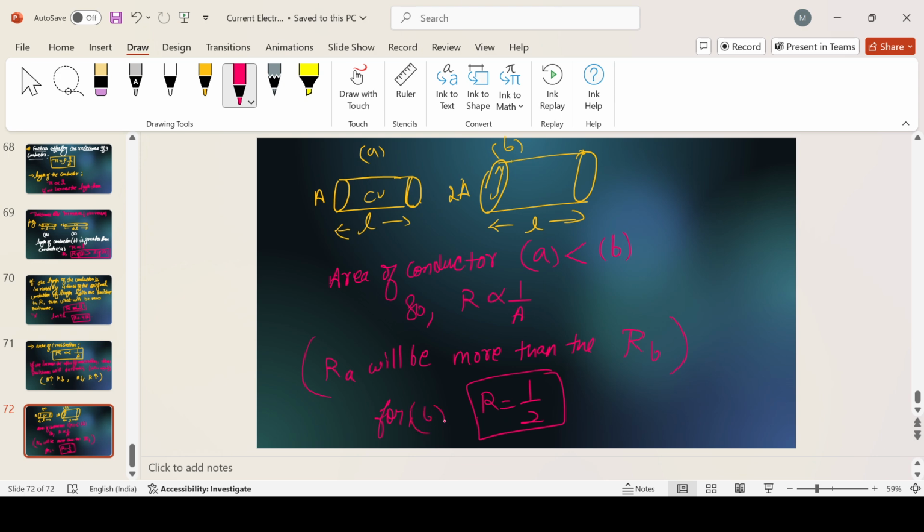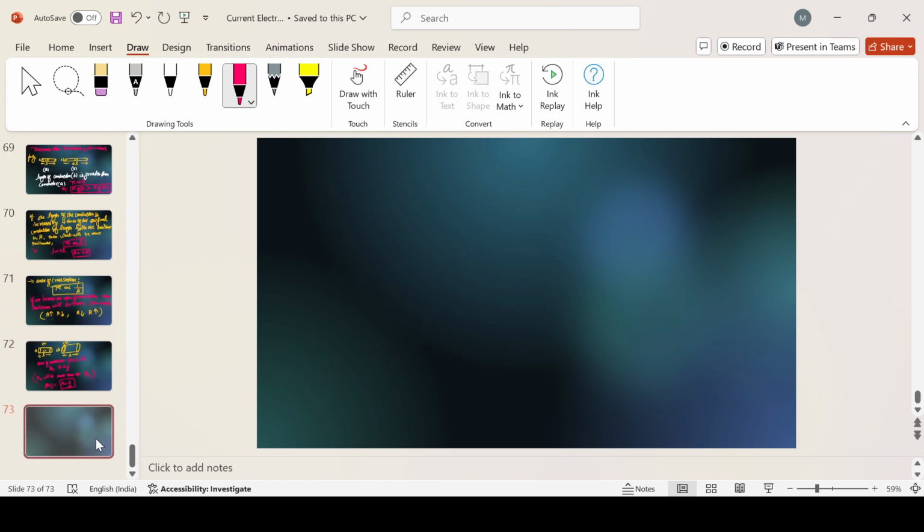Now if I take area of cross section 3, then R will become 1/3. And if I reduce the area so that it becomes 1/4 of the conductor, then R will become 4. Just remember this part. Got it everyone? Yes, sir. Any doubt?